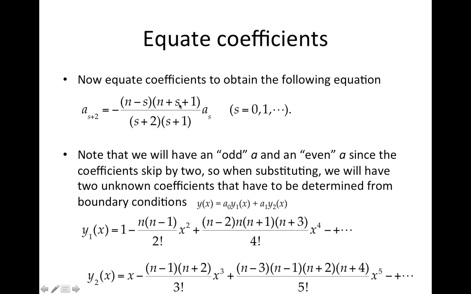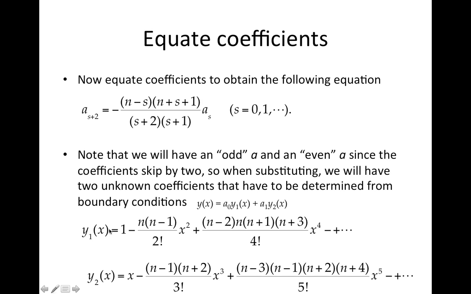And so notice that this recursion relationship skips a term. If you had an a sub 0 here, this term would be a sub 2. If you had an a sub 1 here, this term would be a sub 3. So you're basically going to get an even and an odd a, since the coefficients skip by 2.